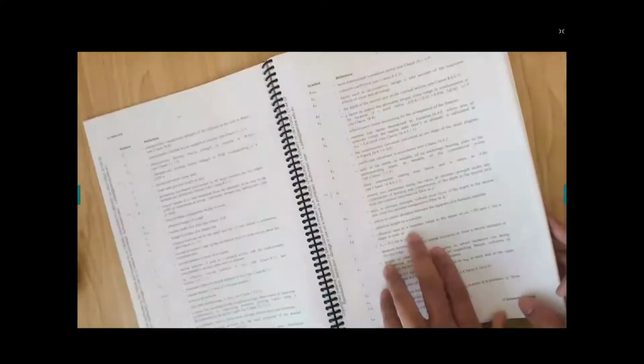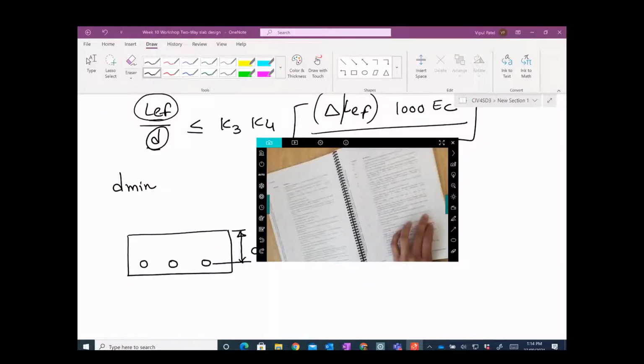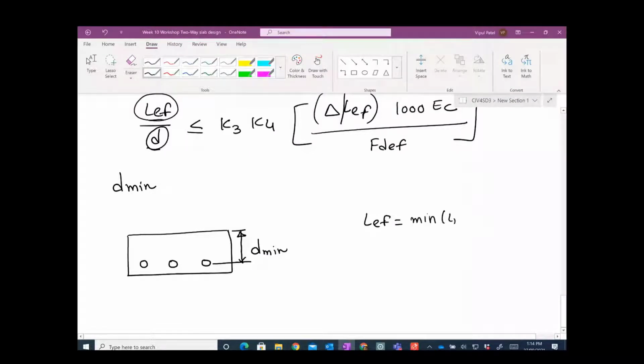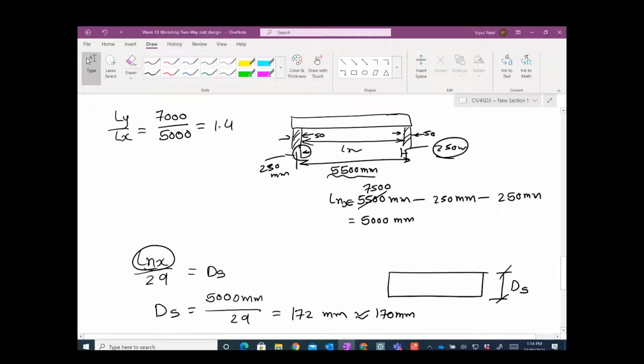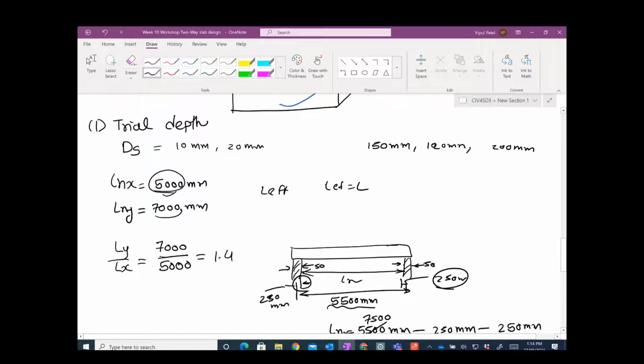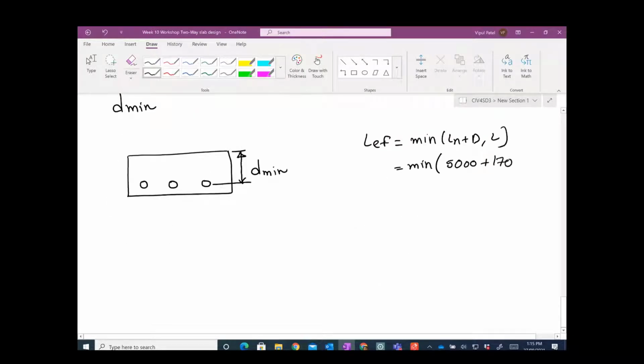If you go back here, L effective, span of the members, is taken as the minimum of Ln plus D, and L. So minimum of Ln plus D or L. Ln, let's say 5000, because if you remember, we calculated Ln, the clear span for X direction, and the depth of the slab is 170. So you can put the depth of the slab 170.